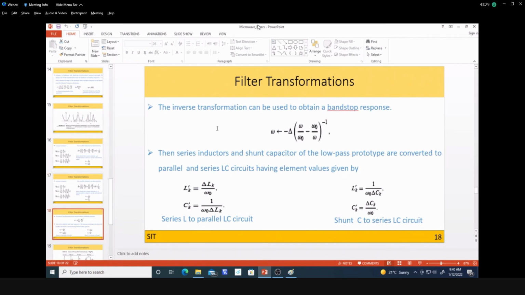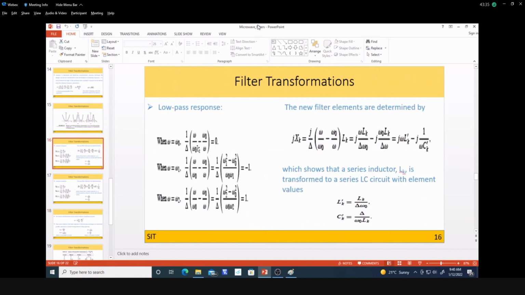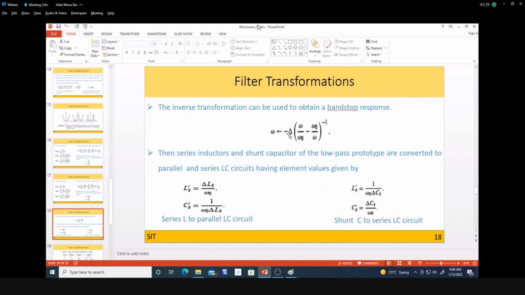Similarly, for the band stop transformation, it is an inverse. Whatever we have taken here, 1 by delta into this one, you have to take the inverse of that. Then only you will get the band stop transformation. And then we can convert the series inductor and shunt capacitors of the low pass prototype to parallel and series LC circuits.